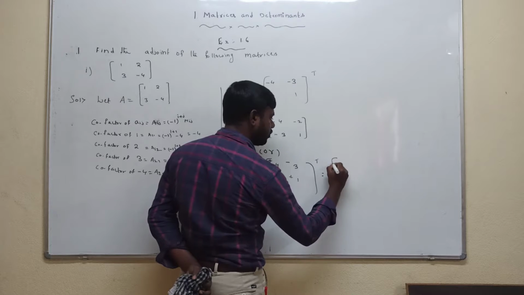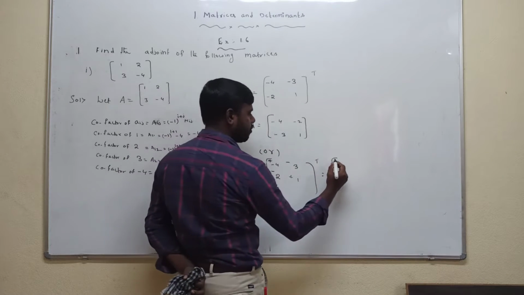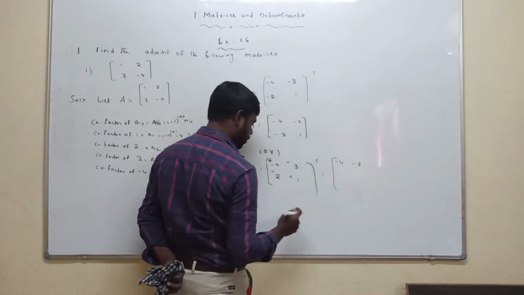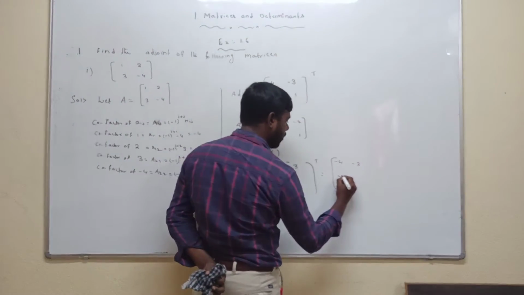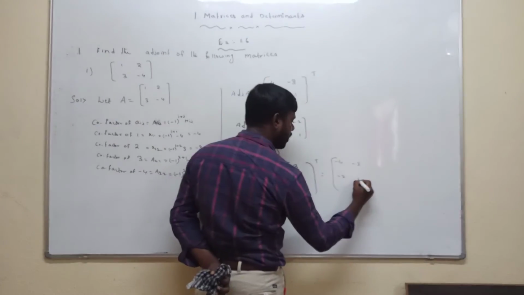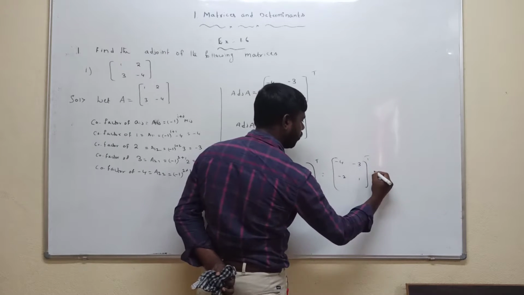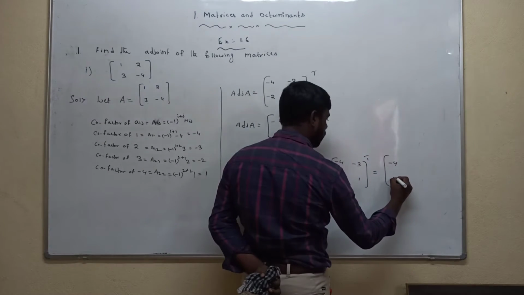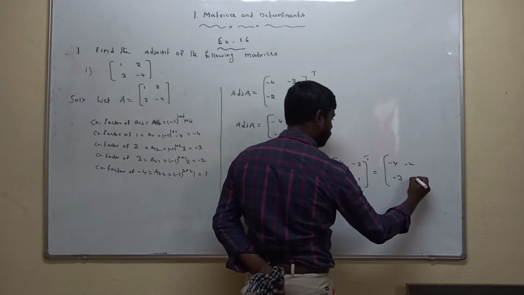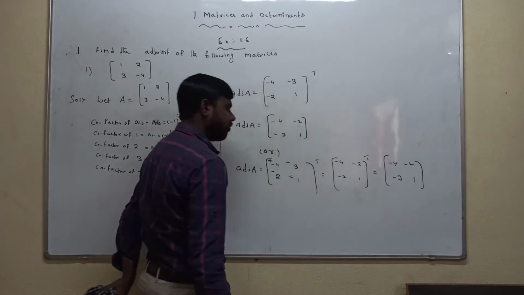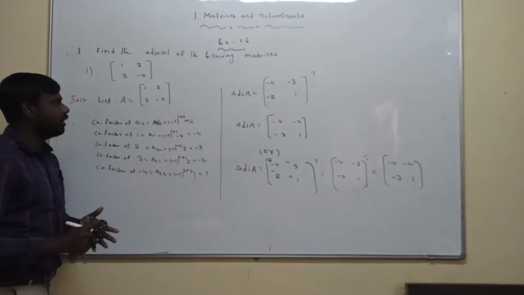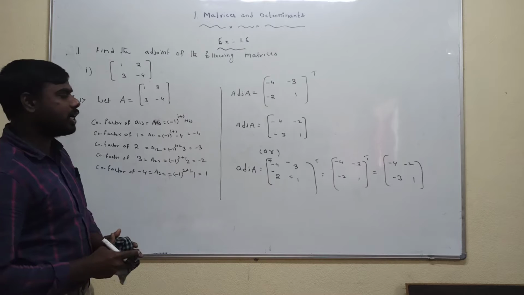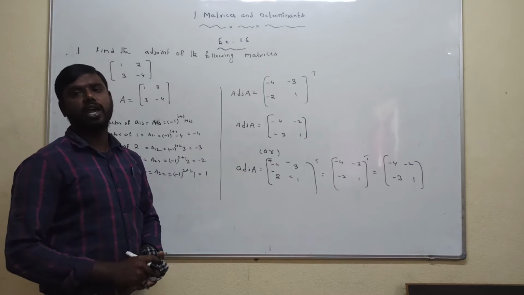Simplify this one. Plus into minus is minus 4. Minus into plus... minus 3. Minus into plus, 2, that value is minus 2. Plus into 1 is plus 1. Whole transpose. Now interchange rows and columns. So without using cofactors directly, whichever element you take, that particular row and column are eliminated, and write what is left.